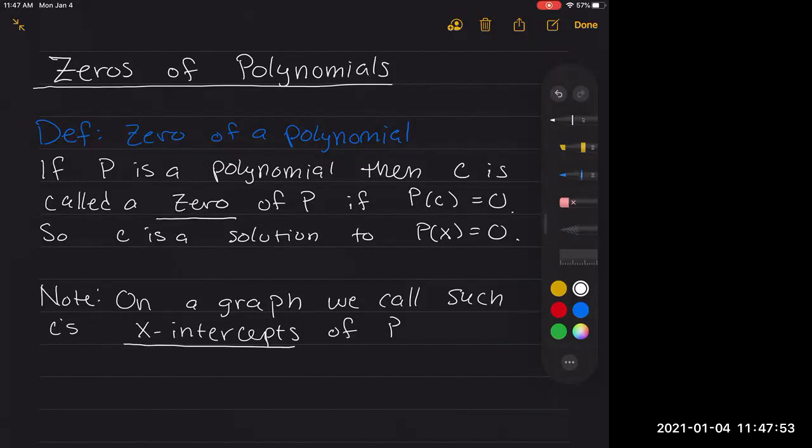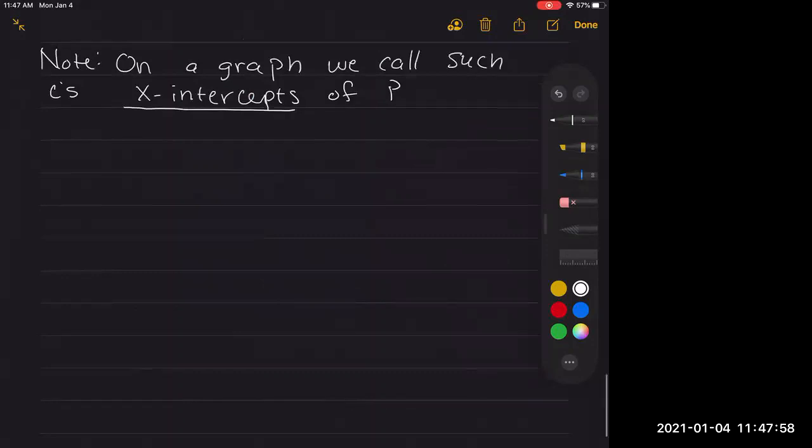So this is the big idea of what this section is about, or with the zeros at least.